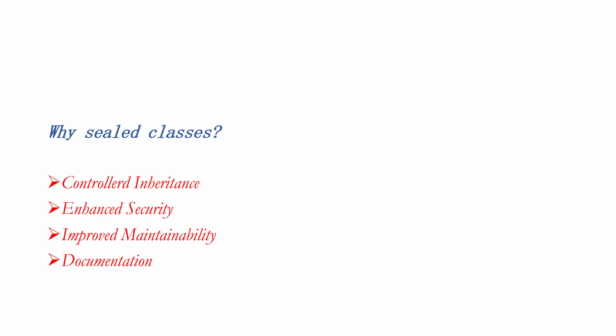And in terms of documentation, sealed classes provide a clear understanding of the intended usage of the class and its subclasses, making it easier for developers to understand how to use them properly. So this is why sealed classes have been added into Java versions 15 and 17.